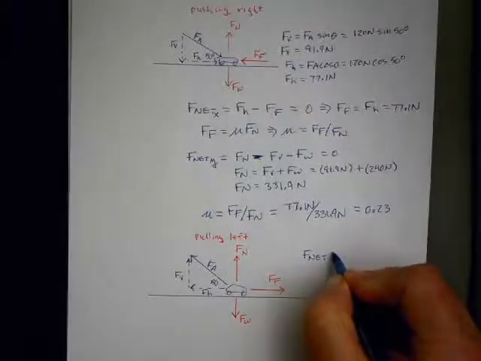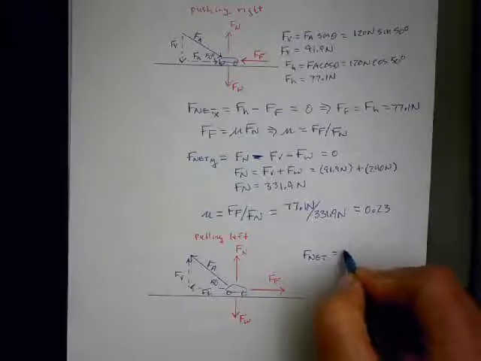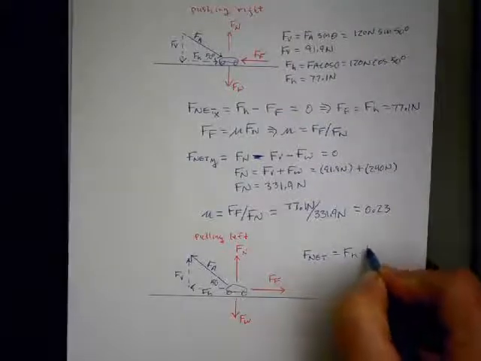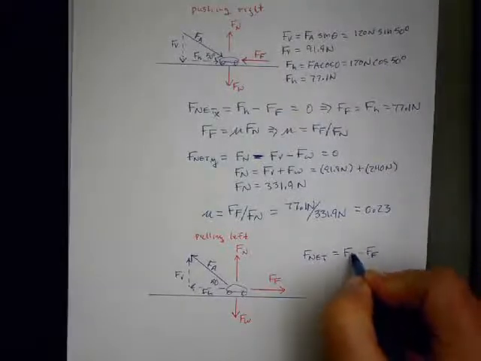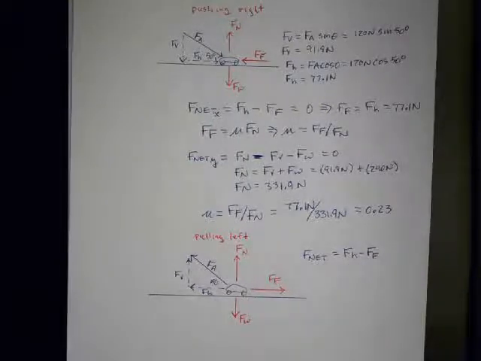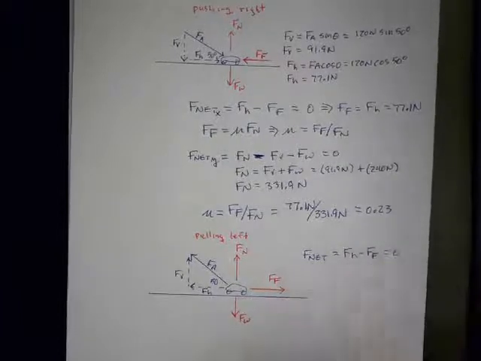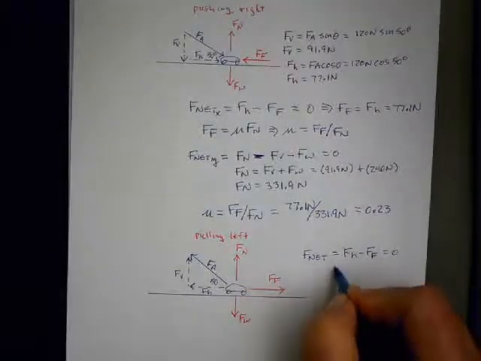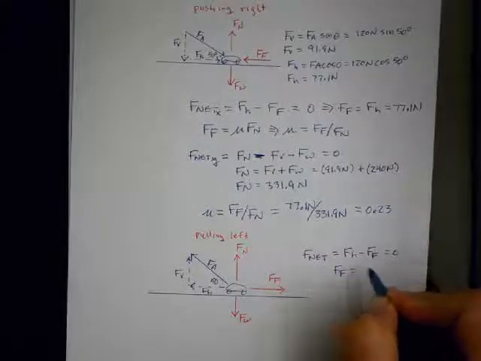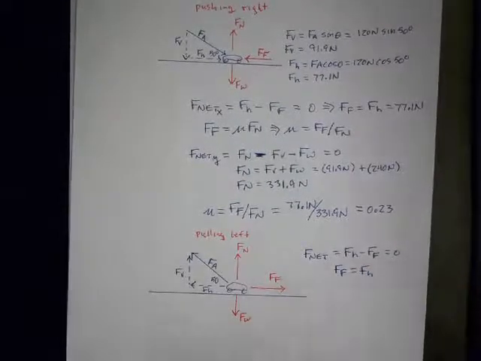And since the only thing that I'm changing is that I'm pulling instead of pushing, still at constant speed, my FF is still going to be equal to the FH. I didn't change the applied force, so that's still going to be the same 77.1 newtons.